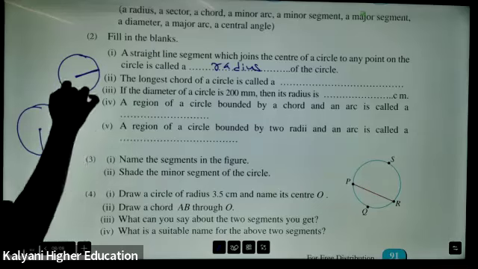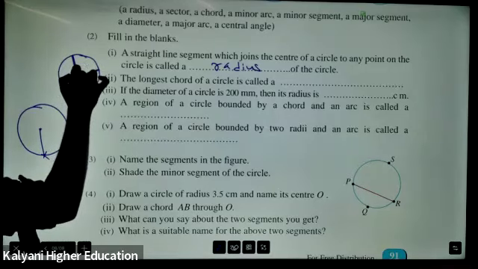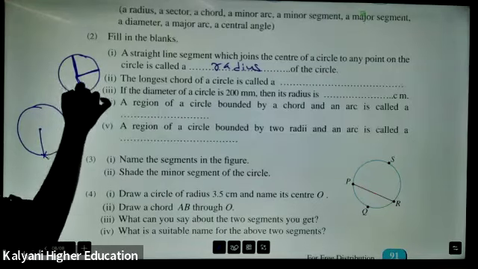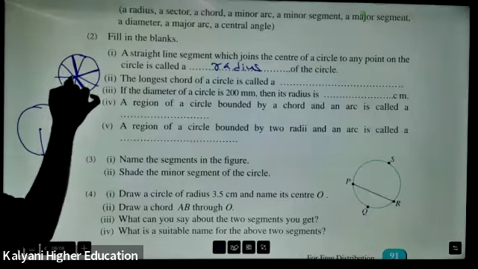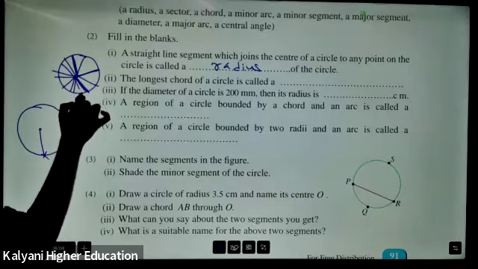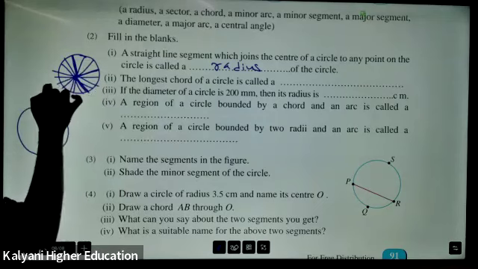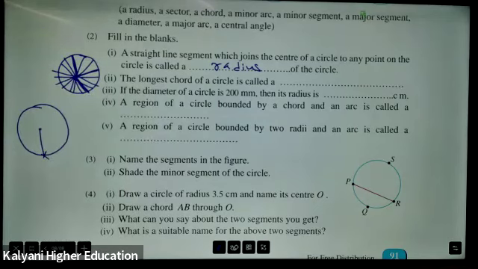From center to the circle, this line, radius. Here to here, radius. If I join from the center to any point on the circumference, these we call radii of the circle, plural.